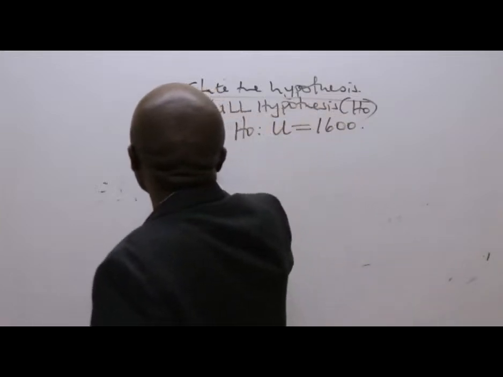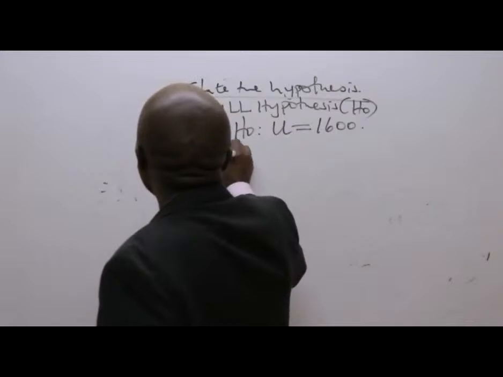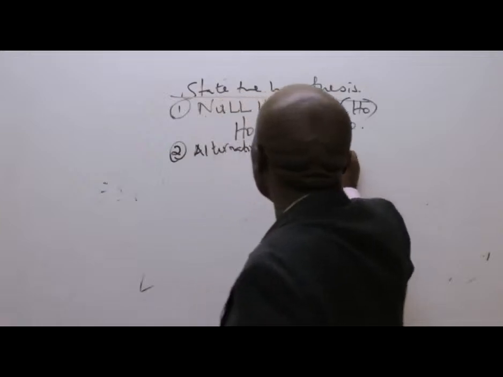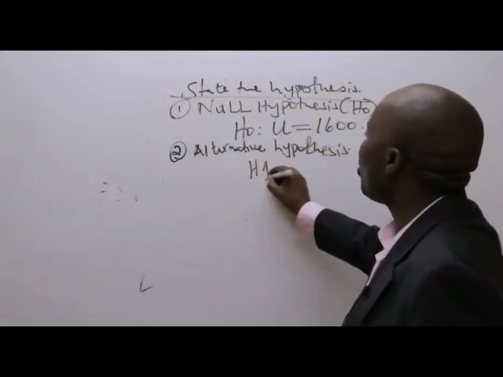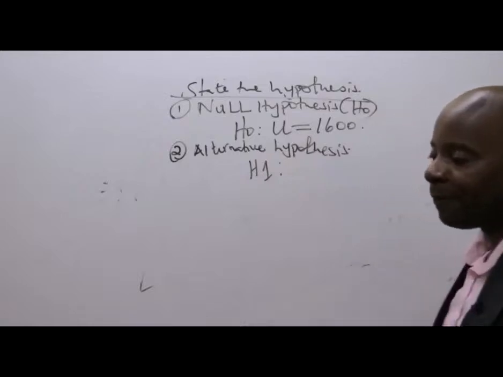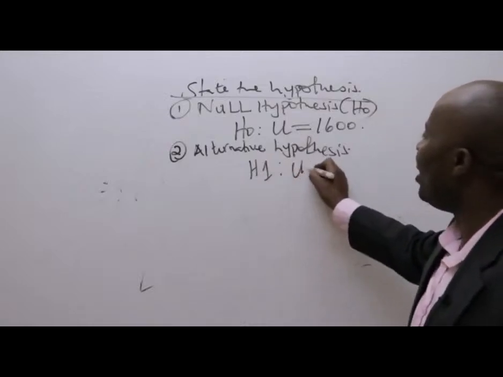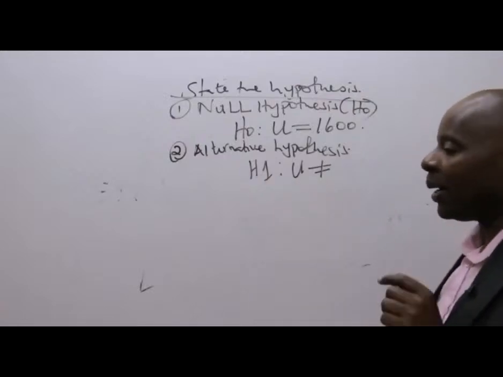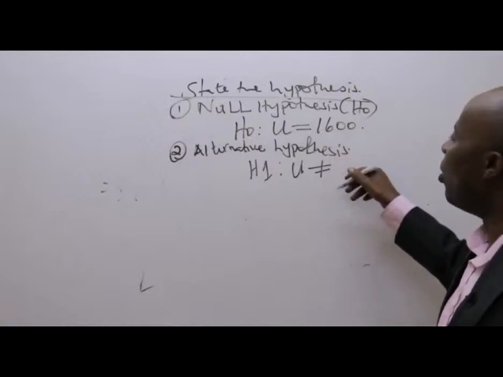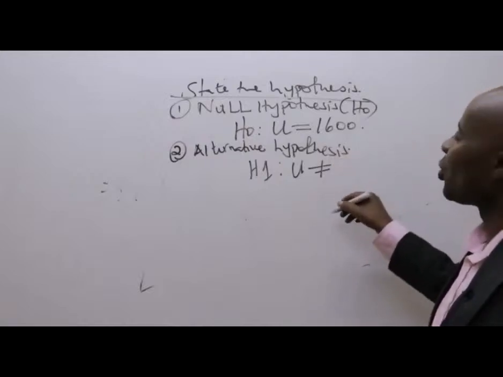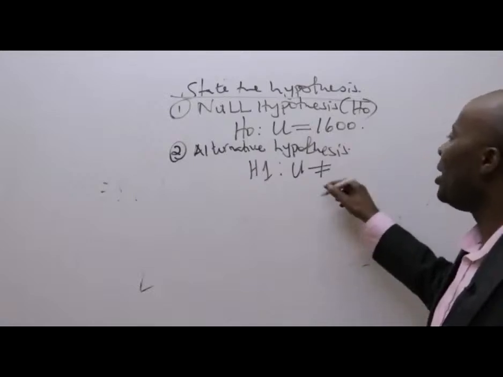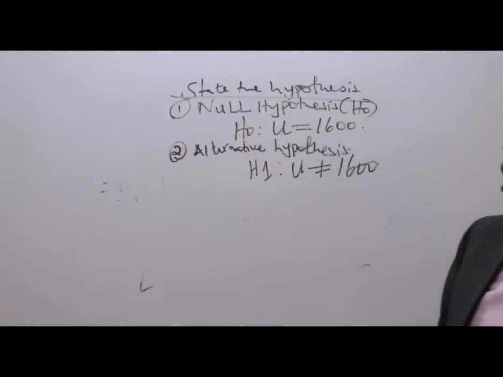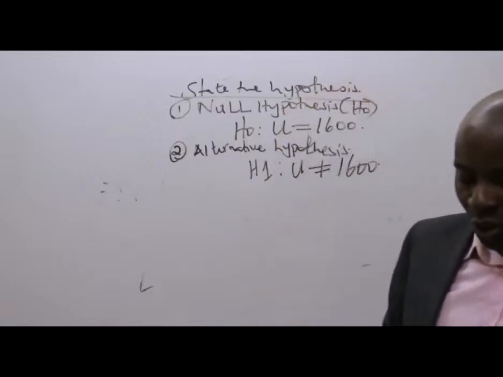So meaning that, ladies and gentlemen, we have what we call the alternative claim or alternative hypothesis, which we shall be denoting as H1. And our H1 will be our lifetime. U stands for the mean. Our lifetime here could either be more or less than 1600. So in this case, our population mean is not equal to 1600.